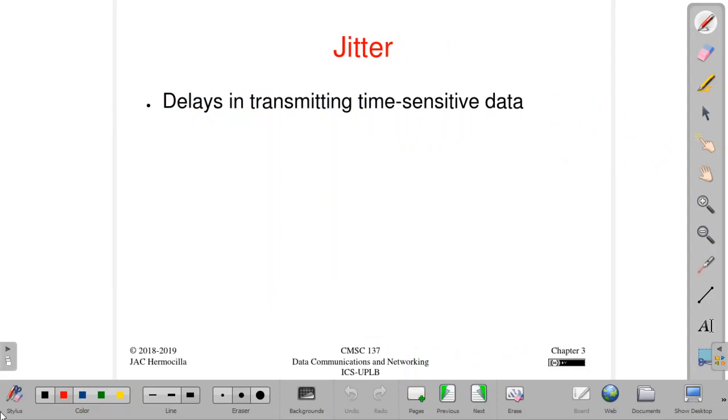The last one is jitter. Jitter is for time sensitive data like audio and video.